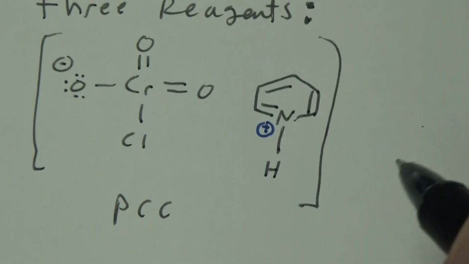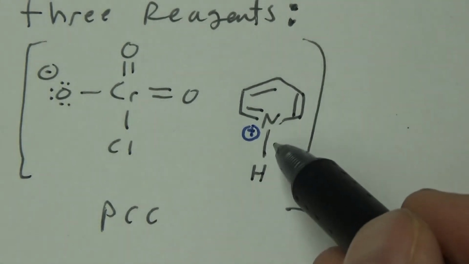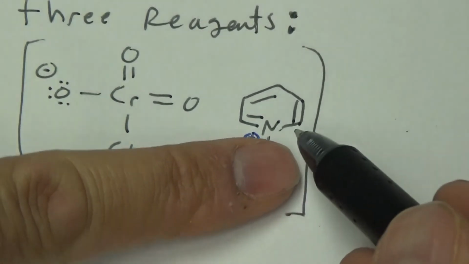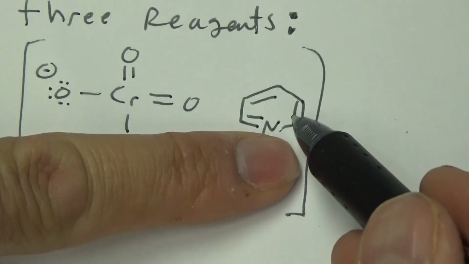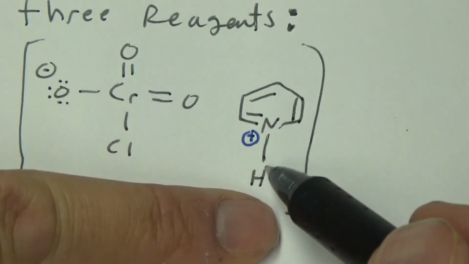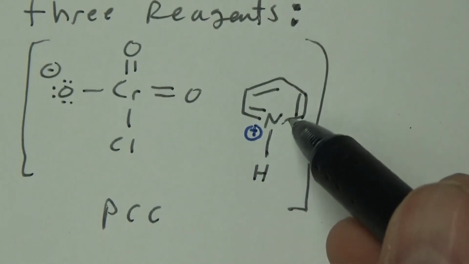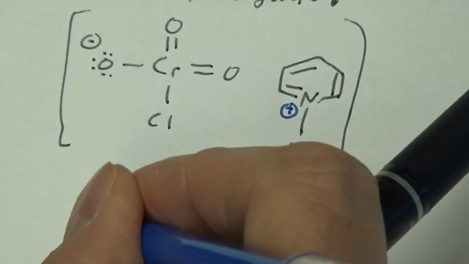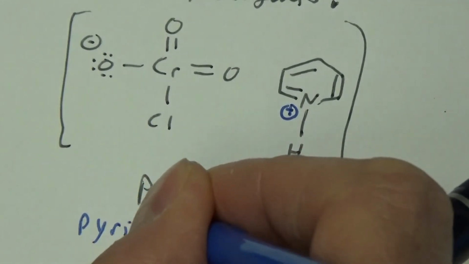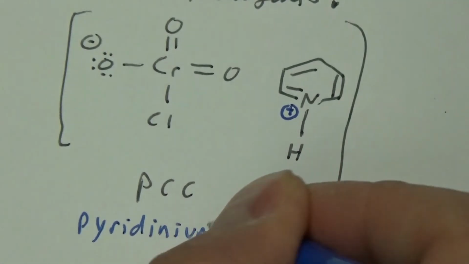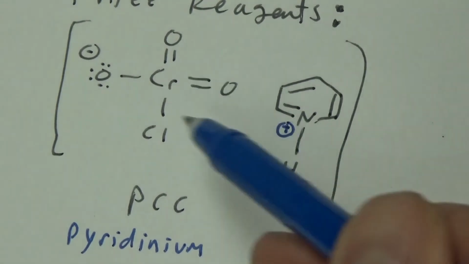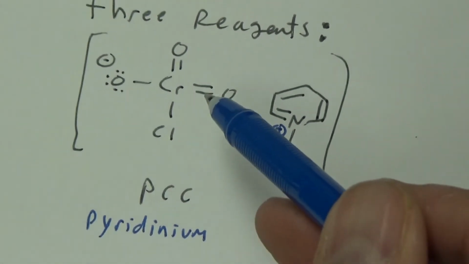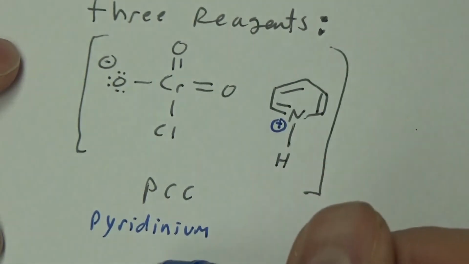The name of it, what PCC stands for is, well, this is called pyridine. If you have the H on it and the plus charge, it becomes pyridinium. And this thing is a weird chlorine with chromium thing, and it's called chlorochromate.